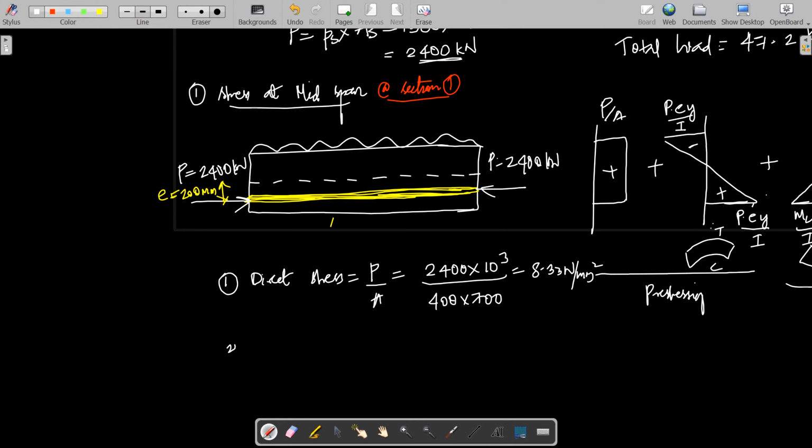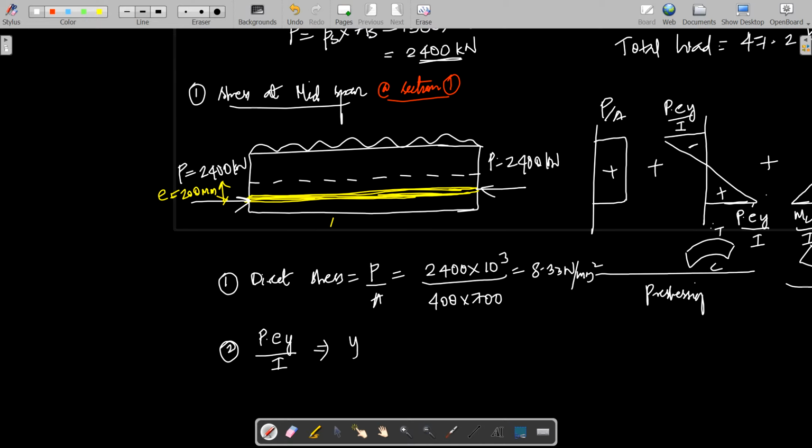Now the second one, that is due to the pre-stressing force. There is an eccentricity and that will cause a moment, and you have the stress as P into E into Y by I. Here E is the eccentricity, P is the force, Y is the distance from the neutral axis to the top fiber.